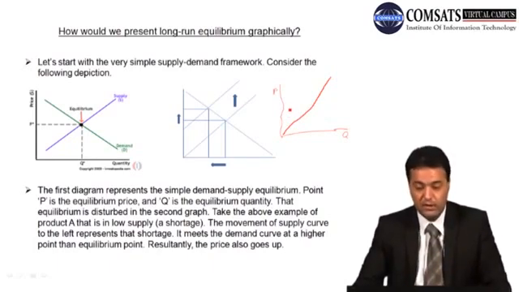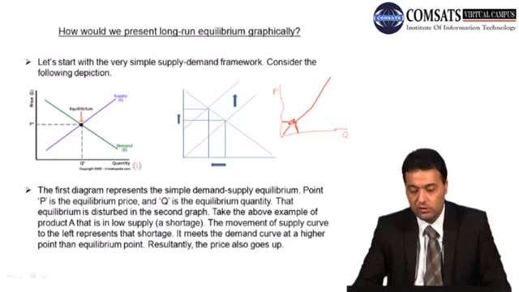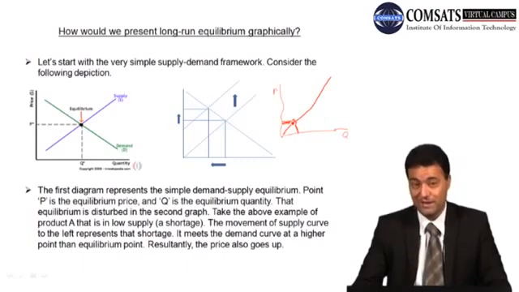Why is it upward sloping? Let us see. Suppose the price is over here, this much. It meets the supply curve over here. Sorry again, but as I said, I'm not very good at this. But stay with me, this is just a simple explanation. It doesn't have to be very complicated. This is the price, this is the quantity.